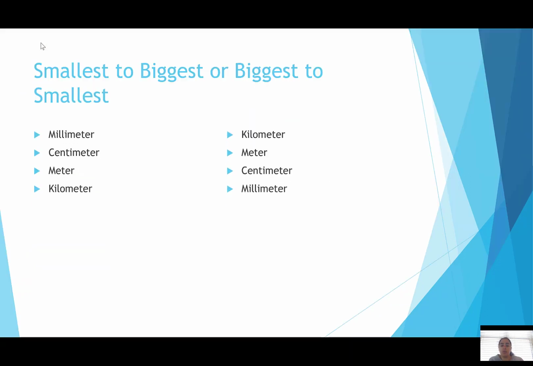So I just showed you what a millimeter, a centimeter, and a meter looks like in relation to its size. So I just want to go over the units of measure from smallest to biggest and biggest to smallest. In the metric system, when measuring how long something is or distance, a millimeter is the smallest unit of measure, followed by a centimeter, a meter, and then a kilometer.